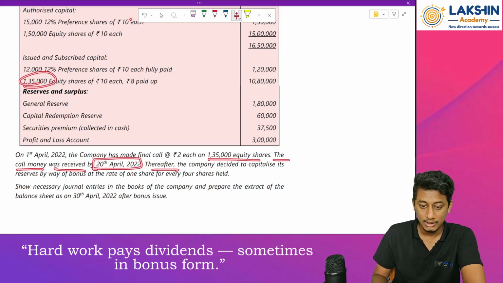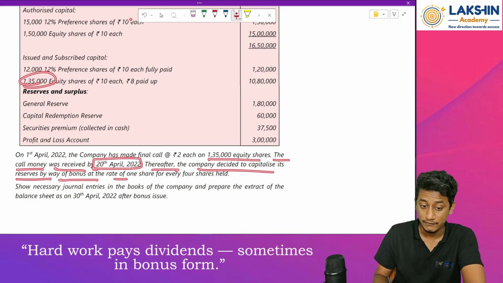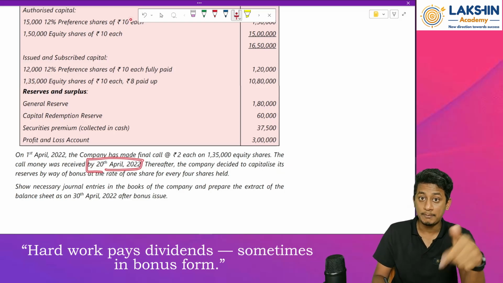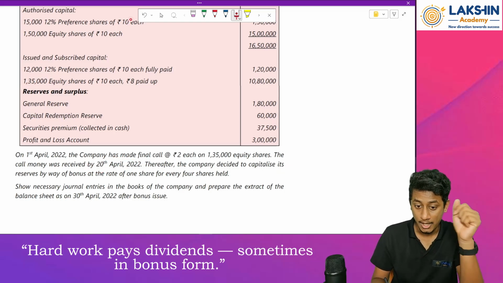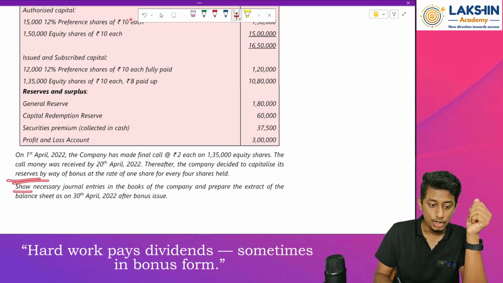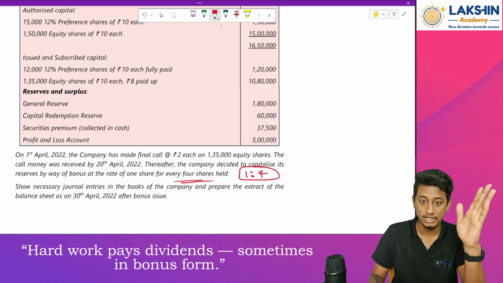Thereafter, the company decided to capitalize this reserve by way of bonus at the rate of 1 share for every 4 shares held. That means once the shares were fully paid up, the company is going for the bonus issue by capitalizing its reserves. So what is the ratio of bonus? Bonus ratio is 1 share for every 4 shares held. So 1:4 is the ratio of bonus.